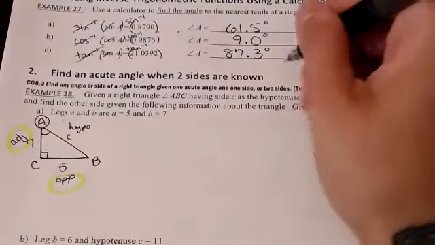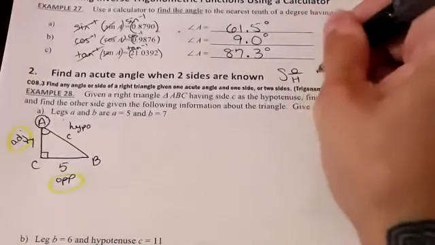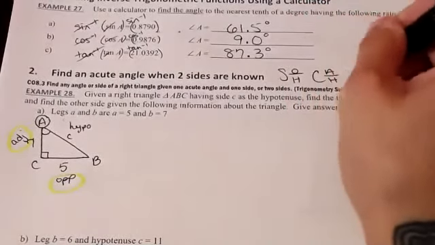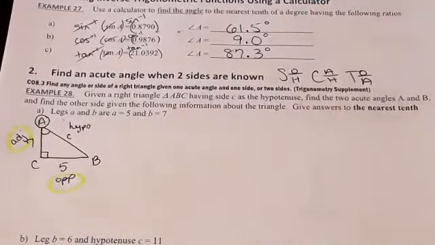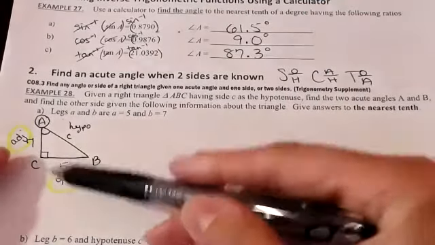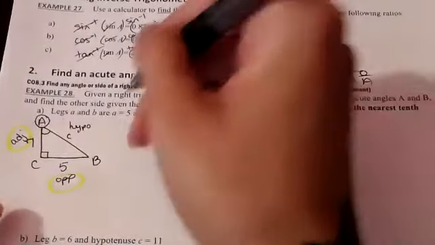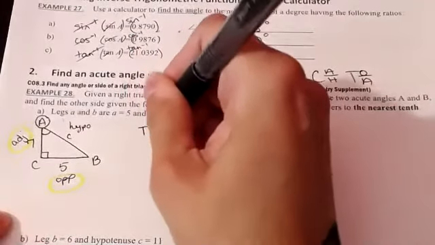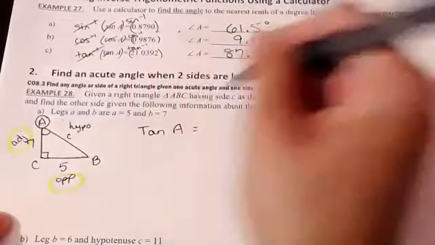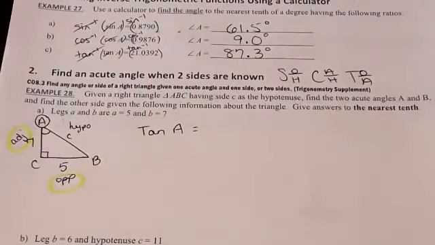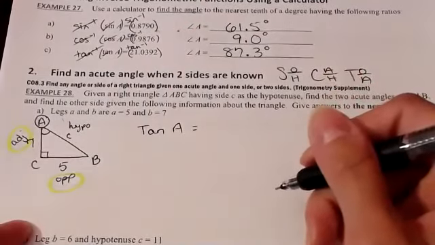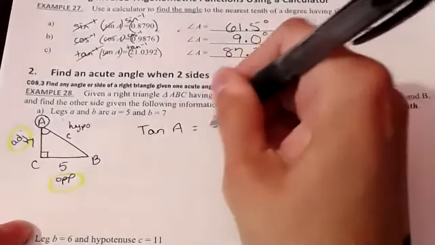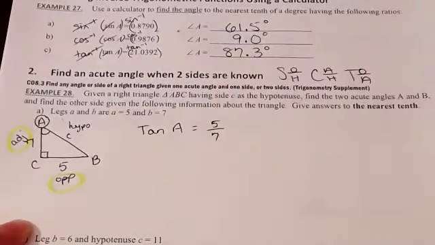As always, write your trig ratios, SOH CAH TOA, so that we can figure out which one we would use. Because I have opposite and adjacent, I'm going to use tangent. So tangent of angle A, and I don't know the measure of angle A, and that's not a big deal, is equal to opposite over adjacent, or 5/7.